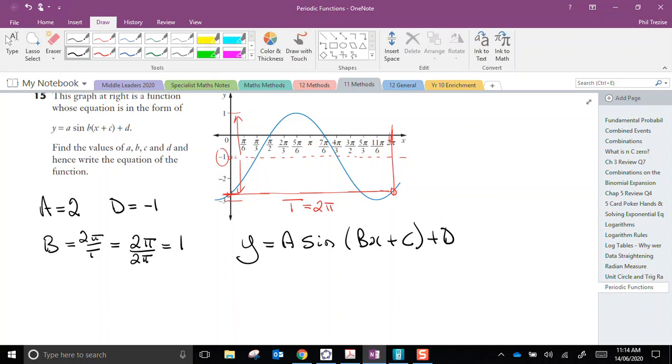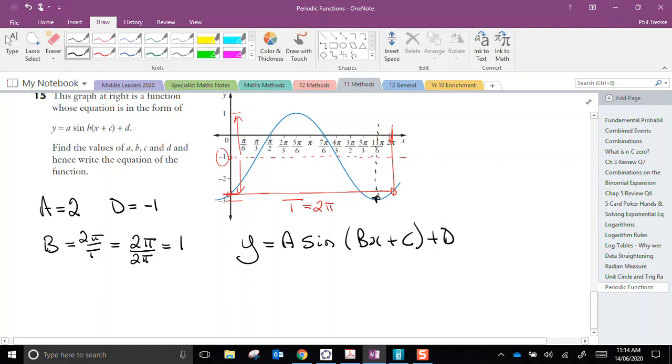Now, this is where we have to make a bit of a judgment here. If I look at where the minimum point is there, I think, and it all relies on estimation, I think that that minimum point is in line with 11 pi over 6.